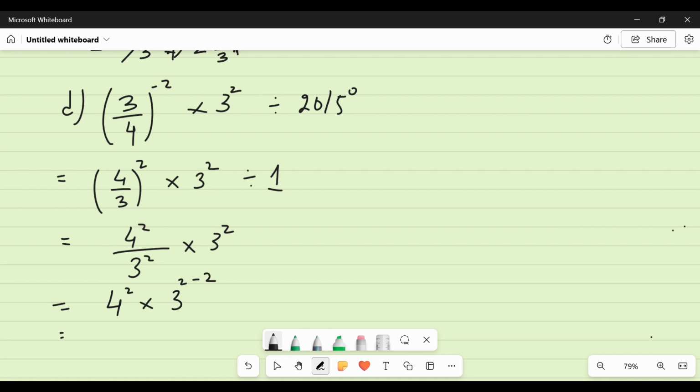So 2 minus 2 is what? 2 minus 2 is 0. So 3 to the power 0 gives you 1.